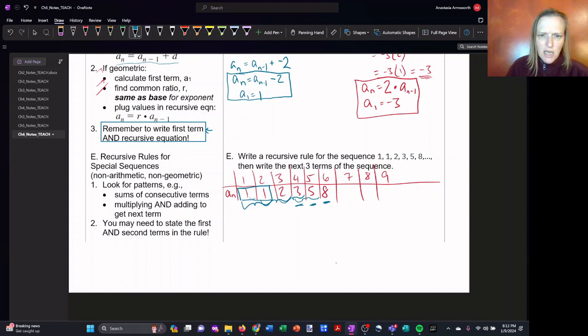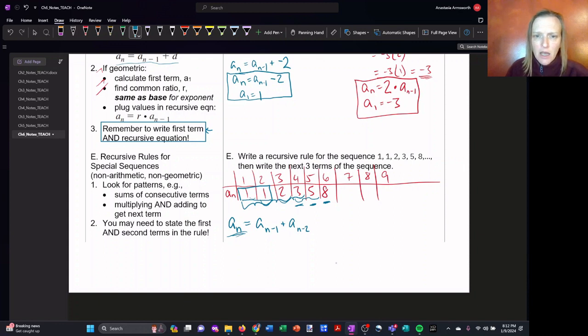So for this example, I get the nth term by adding together the two previous terms. So not only do I need to know what n minus 1 is, but I also need to know what n minus 2 is. To calculate the nth term, I need to know what the term is before it and what the term is 2 before it.